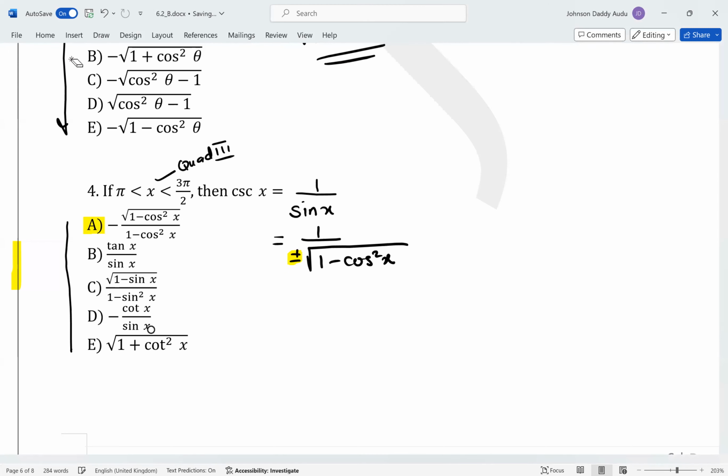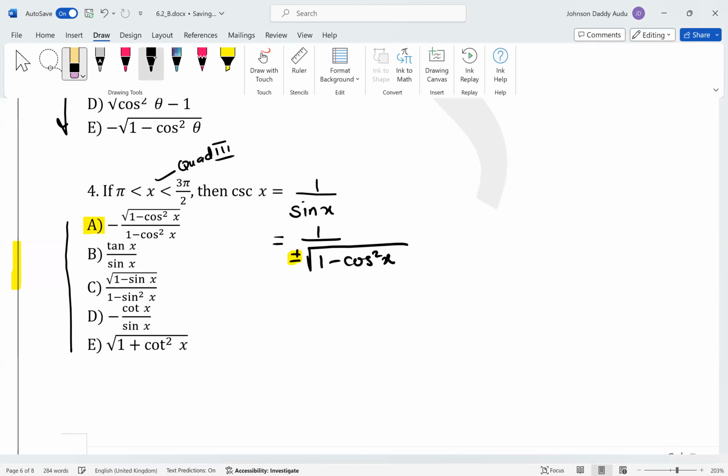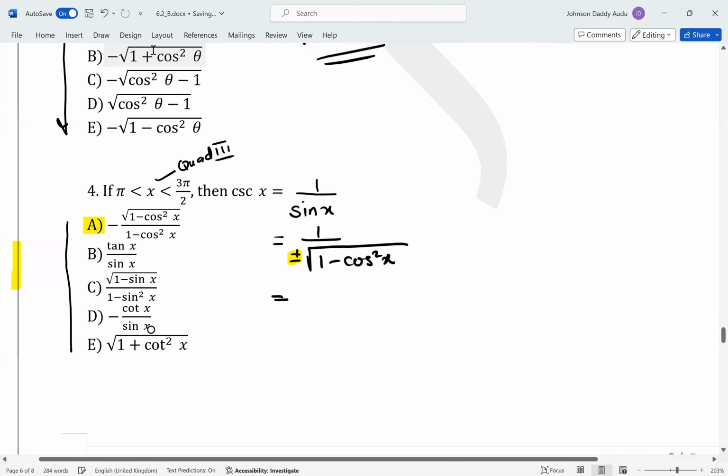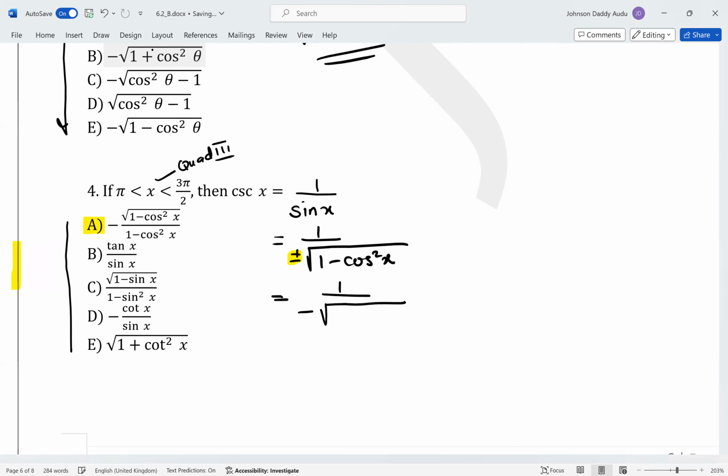Since we're in quadrant number 3, we can see that the right sign to use is going to be the negative one. So this will be 1 over negative the square root of 1 minus cosine squared x. And this is simply because we are in quadrant 3. Right? Because sine has to be negative in the third quadrant.